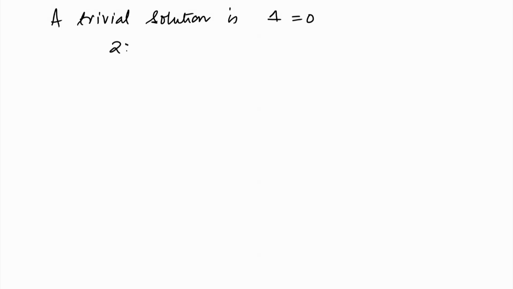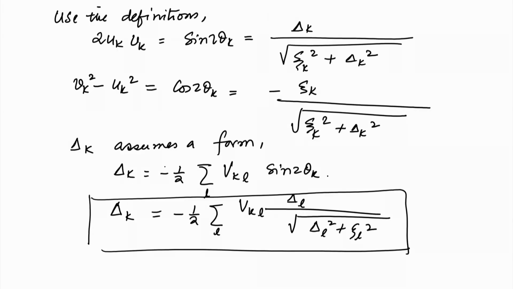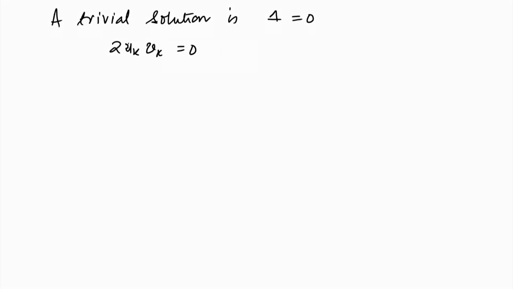So, what does delta equal to 0 give? It gives that 2 u k v k equal to 0, because 2 u k v k equal to delta k. So, if delta k equal to 0, 2 u k v k equal to 0, and that tells that we also have v k square minus u k square equal to minus 1.